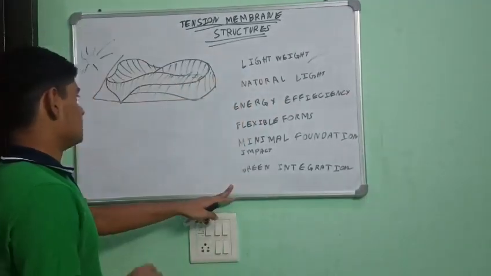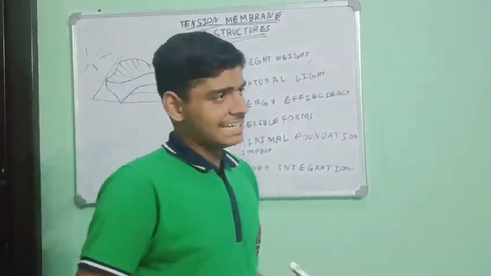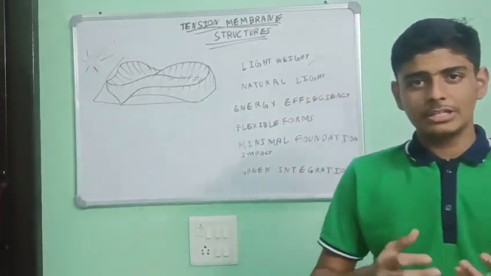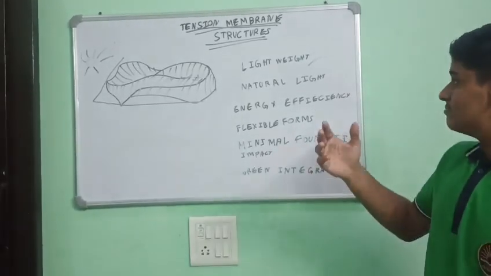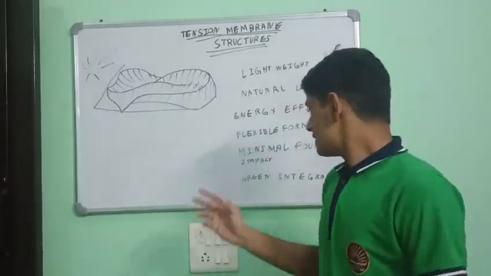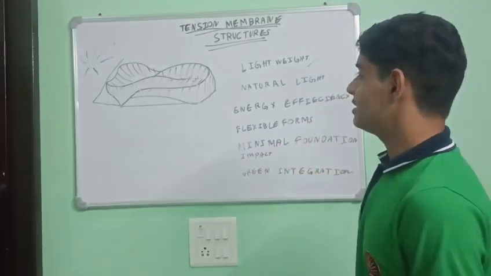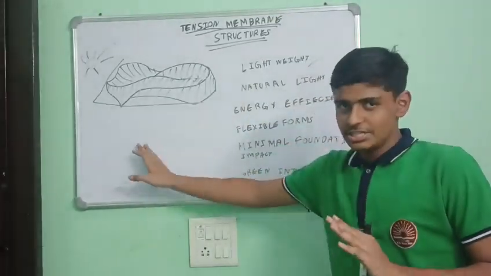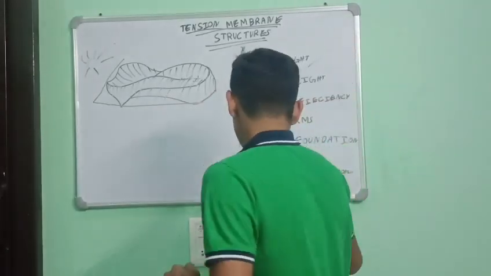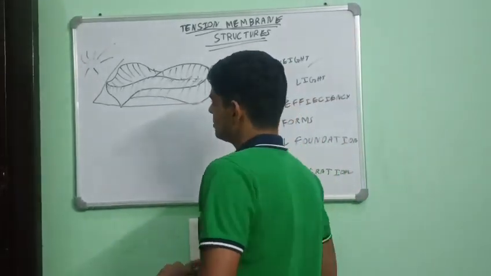And green integration, especially how we can integrate them with the greenery and sustainability for the country, as that is the main purpose of a builder. So how we can integrate them is, first, it is energy efficient, it will conserve energy. And then green integration.